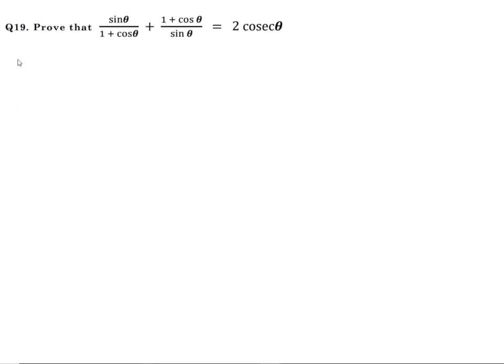Now we need to prove that sin theta by 1 plus cos theta plus 1 plus cos theta by sin theta equals 2 cosecant theta. So what I'll do in the exam, when this kind of question is asked, first write down the LHS. What is LHS here? Sin theta by 1 plus cos theta plus 1 plus cos theta by sin theta.